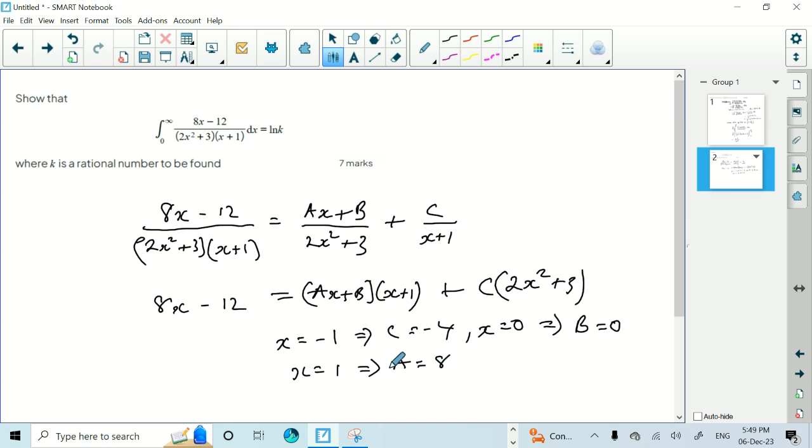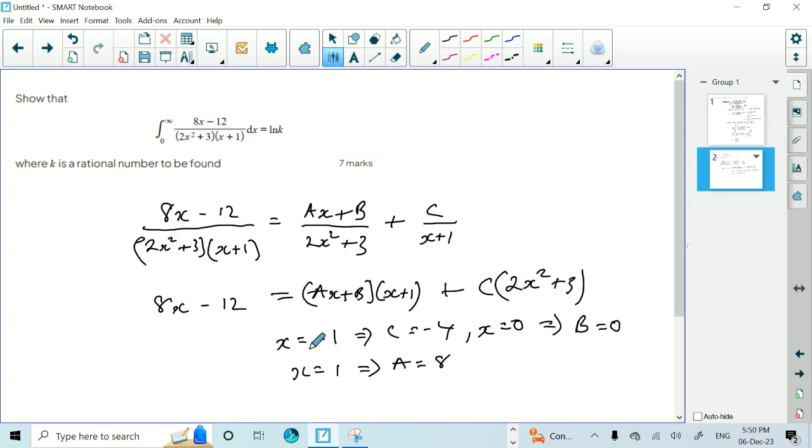So we have our values there given x equals 1, x equals 0, and x equals -1, so we can get values of a, b, and c.